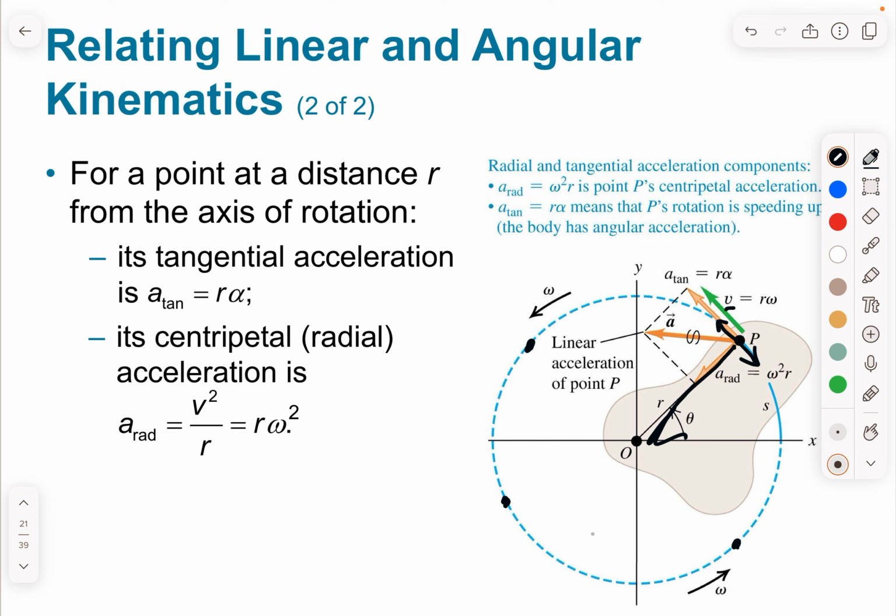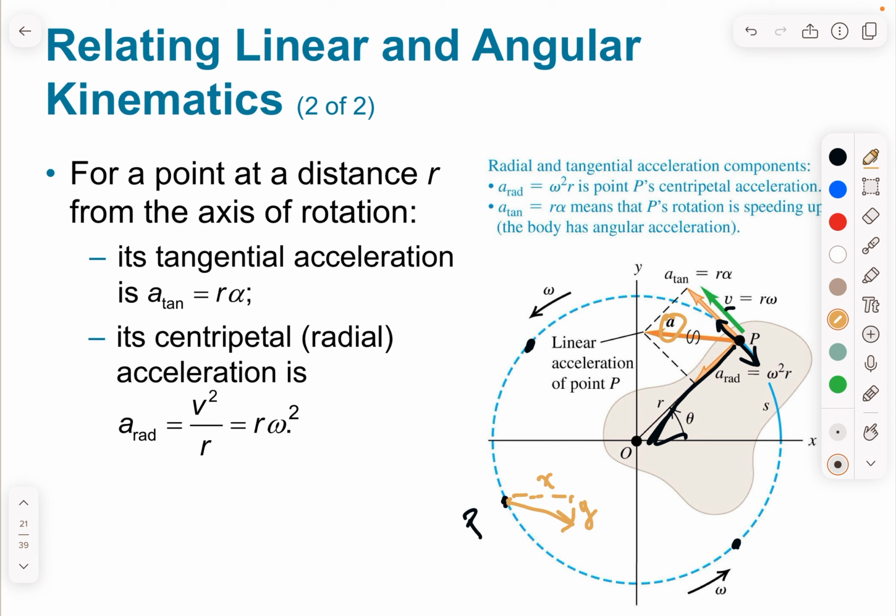If the object was over here, then its acceleration vector, let's say it's this guy right here, is going to point like this, and you can see that its x and y components change as it rotates around. It's not going to be the same as it is up there. But what doesn't change is how much points in the radial direction and how much points in the tangential direction.